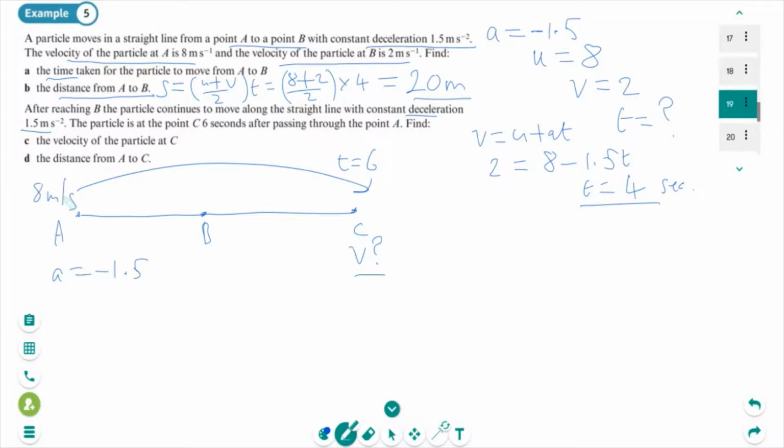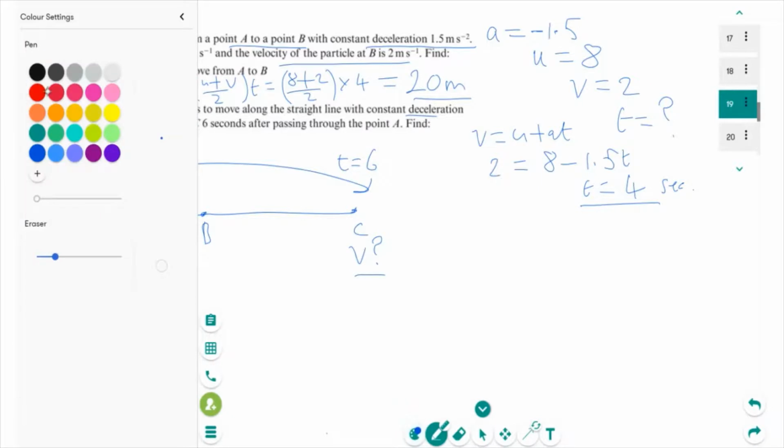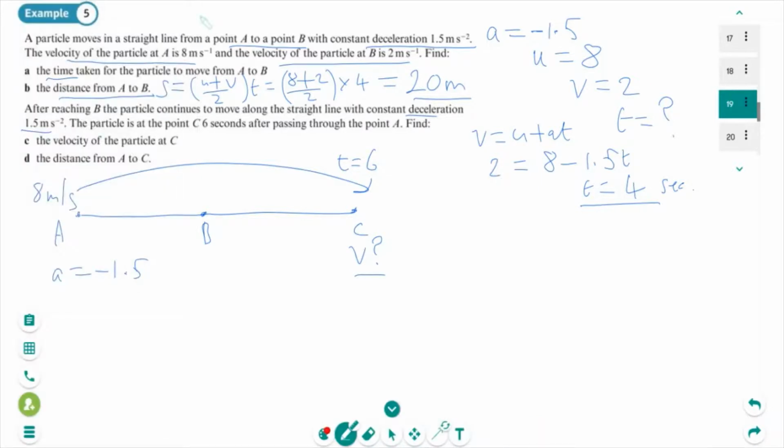We can use the SUVAT equation to sort it out. So U equals 8, A equals minus 1.5, and it takes 6 seconds to go from A to C. So we can find the final velocity at C. You just plug in the numbers.